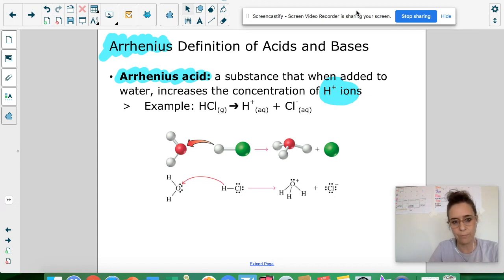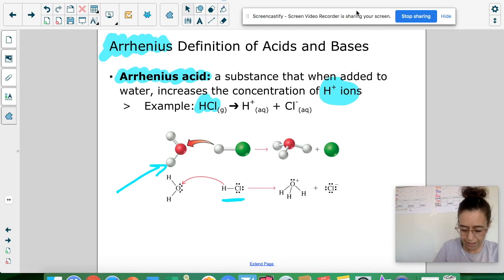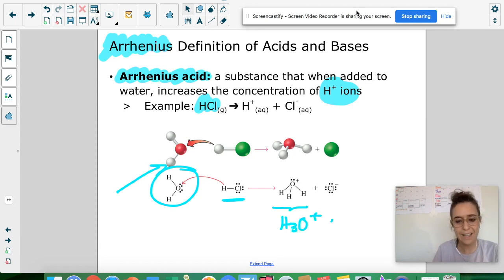So for example, an Arrhenius acid would be considered the hydrochloric acid that we have over here, because, check the diagram that we have right here, when hydrochloric acid is dissolved in water, it breaks into hydronium, so H3O plus, and chloride, which is exactly the same as what we have up there.